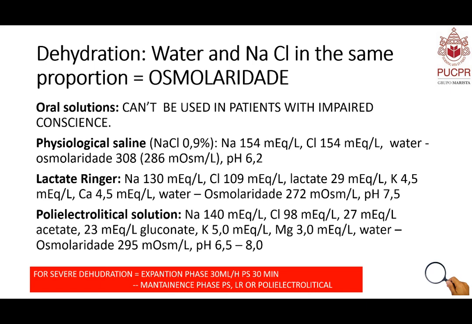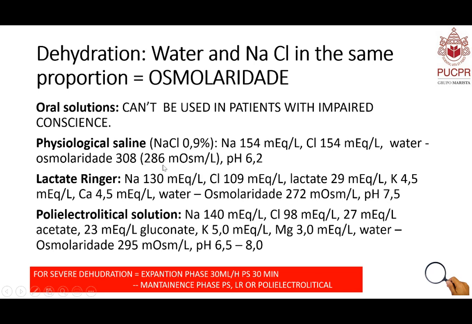Okay. Physiological saline is sodium chloride at a concentration of 0.9%. It has 154 milliequivalents of sodium and of chloride, and enough water to have an osmolarity of 308. Oh, if you use the correction factor, then it would be 286, but still.